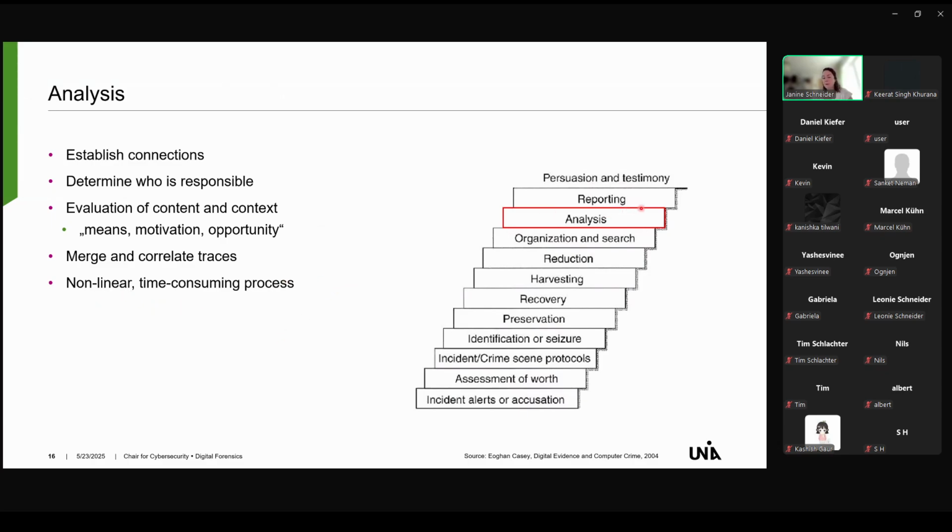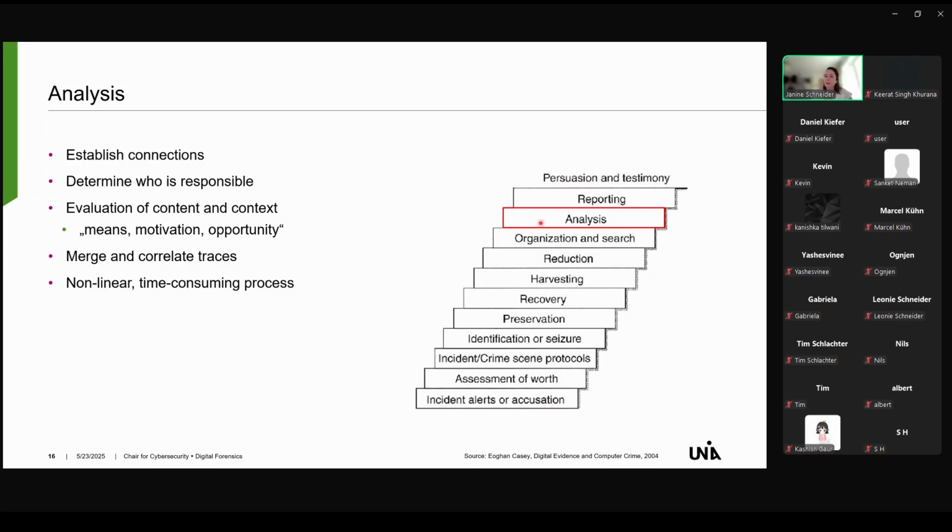What does that mean? In this process, investigators ask the forensic experts again, for example, what does that trace in a technical sense mean? How is it created? Can you give me more information about that? Then you might go back down to preservation again, or go back to harvesting to search for more data.